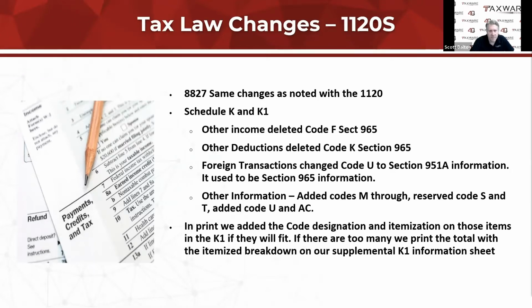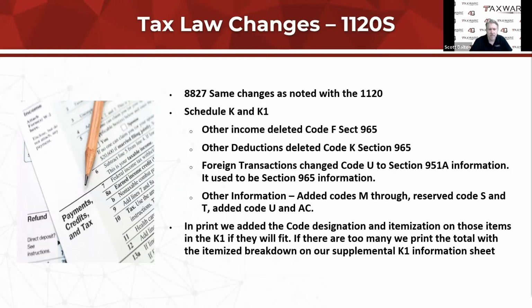On the other income section, they deleted code F, section 965. It deleted the same item on the other deduction section. On foreign transactions, they changed code U, which used to be 965, to be section 951A information. And then they added quite a few codes to the other information section.